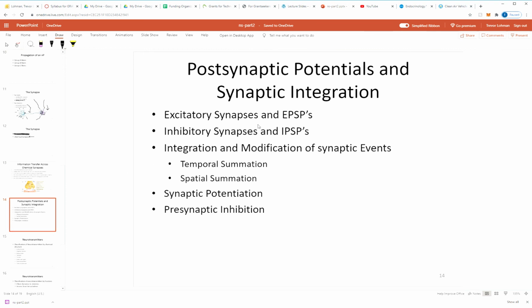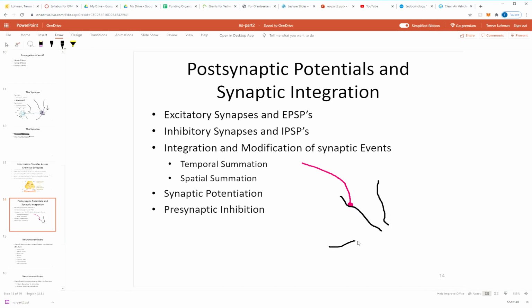So we've been talking a lot about excitatory synapses and inhibitory synapses. So it works like this. Let's draw a presynaptic axon with a little axon terminal, and here is a postsynaptic dendrite, let's say.